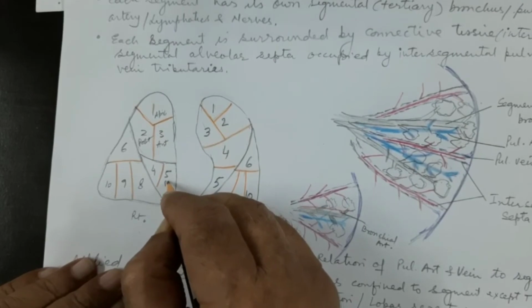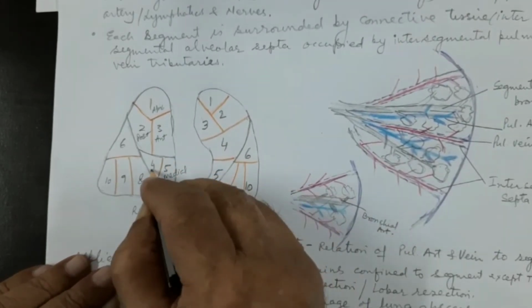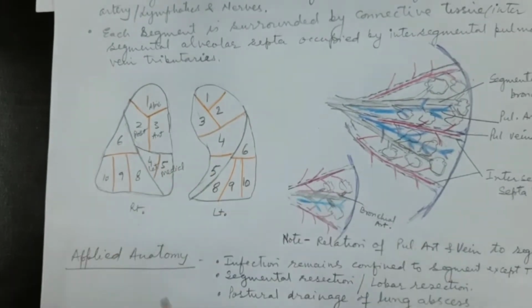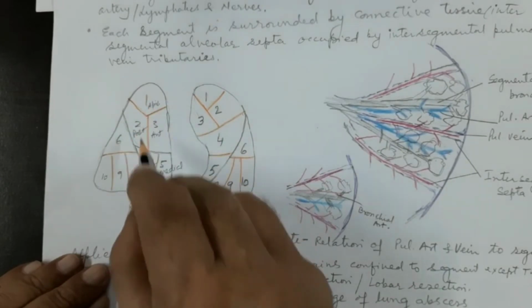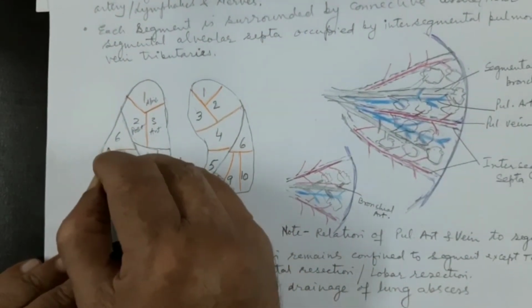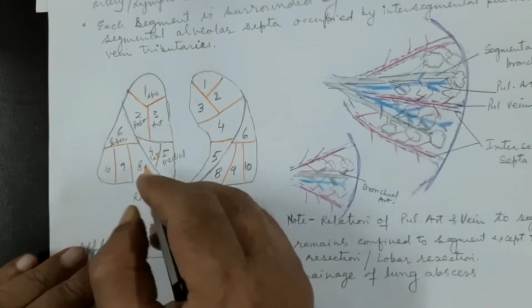So this is the medial, 5th one, which is in the middle lobe, and 4th is called the lateral bronchopulmonary segment. And the remaining one, you call it superior in the lower lobe.